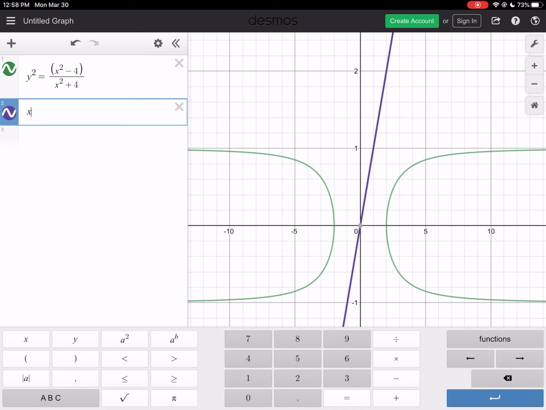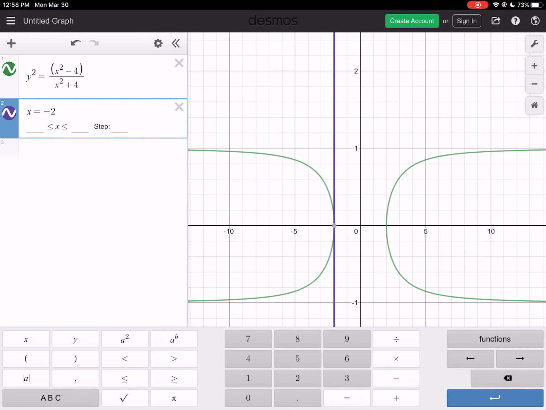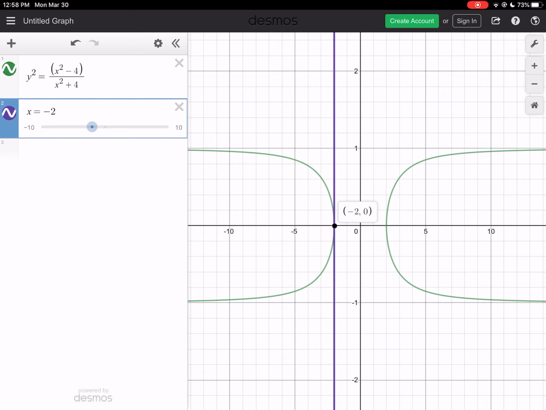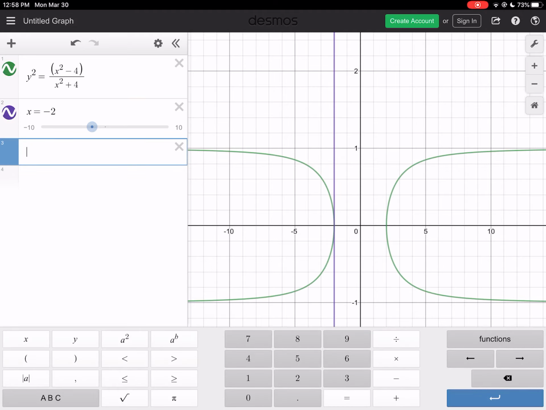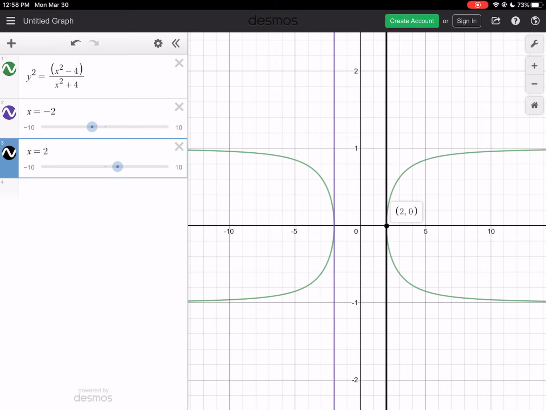If I were to plug in the equation x equals negative 2, you can see that both of those graphs have the same coordinate, and we can do the same at x equals 2, where the graph also has the same coordinate there.